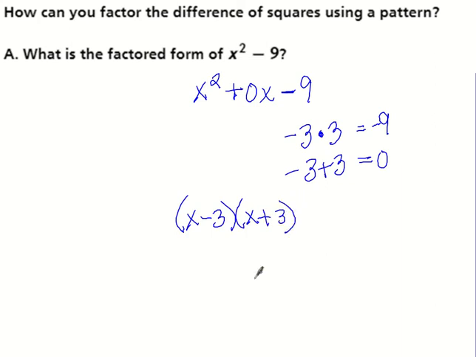So this isn't a perfect square, but I can actually just square root this and make the two terms, and square root this and make that my coefficient. So if you notice, it is still the square root of this, just one of each, and it is the square root of this term, right? See how the 1's missing? So it still works. That's why it's called a special case, because the 0 in the middle disappears.